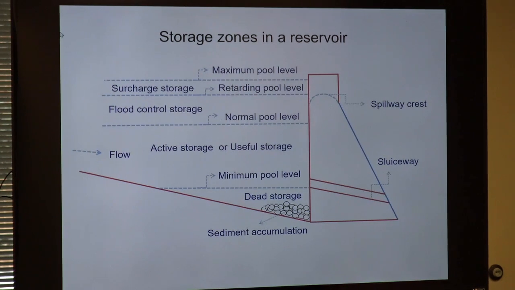There's a maximum pool level, which is at the saturation. There's a normal pool level, which is where most of the water, like the upper intake, would be. And then there is a minimum pool level, which is basically close to the lower intake in most reservoirs, and it's good to not get to that point.